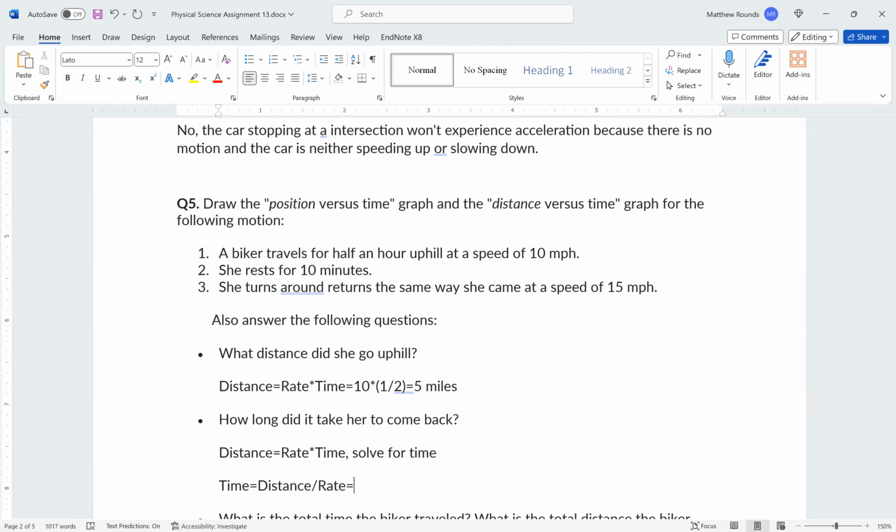It's not. You go out somewhere and you come back. Distance back is the same as the distance there. So basically, how far did she go uphill? Well, this says 5 miles. Okay, so it's 5. And then what was her rate on the way back down the hill?